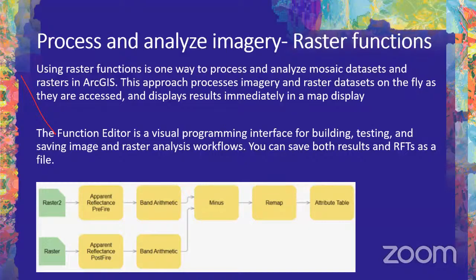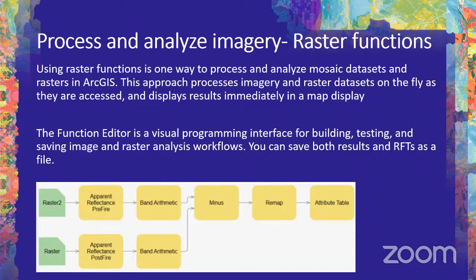We don't call that, we call it a different name. It's called the raster function editor. So the function editor is kind of similar to model builder, to have workflows or the visual programming of the processes. These things are important because there are a lot of raster functions included in this Pro environment.